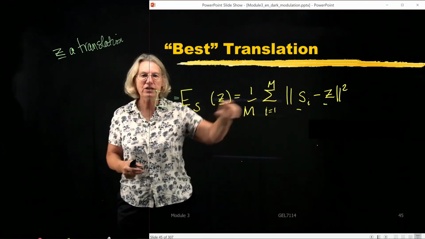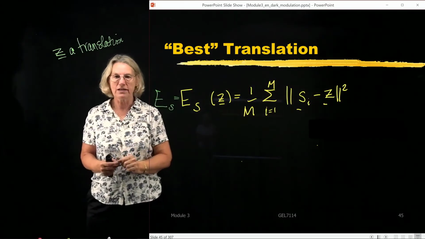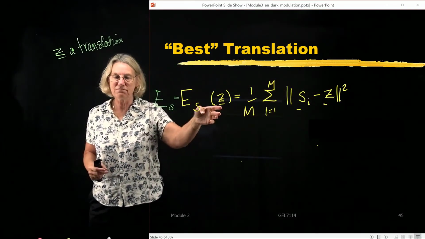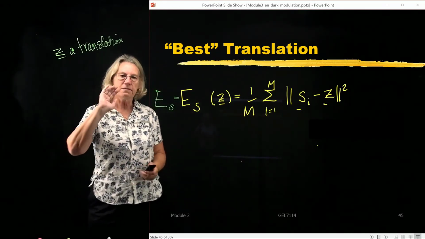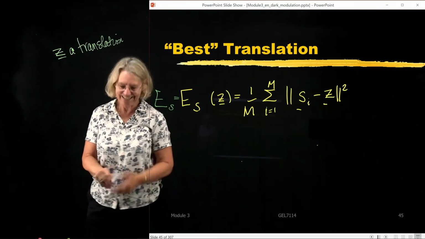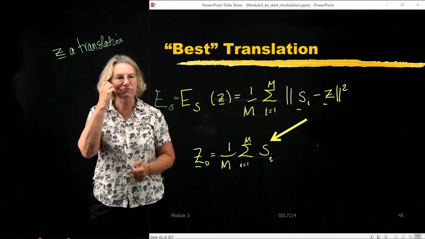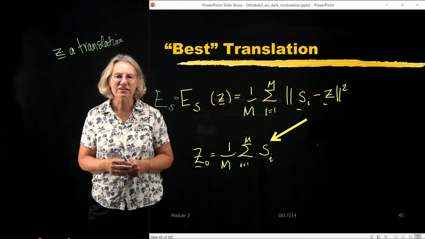And so the energy for this symbol after the translation would be this modulus squared.